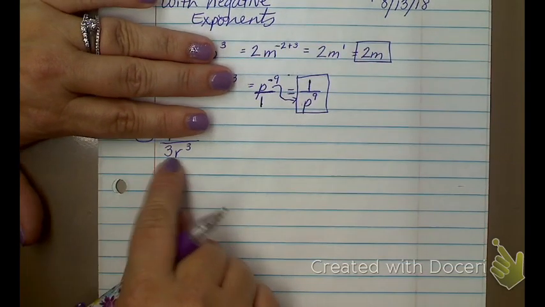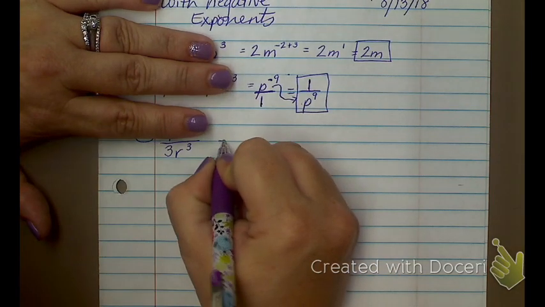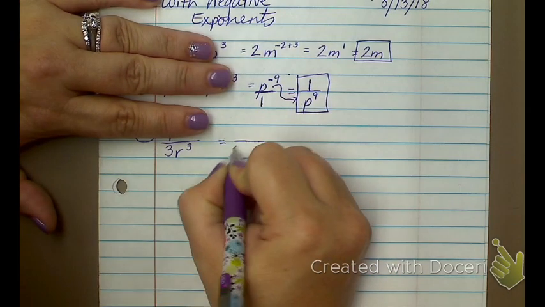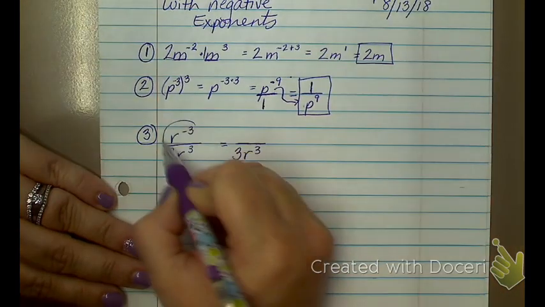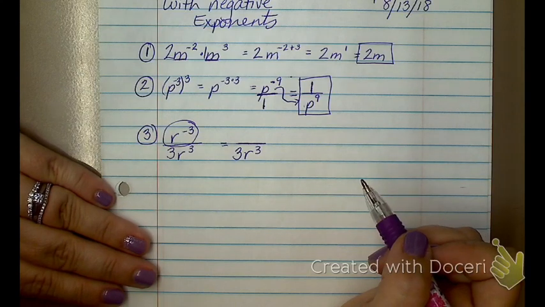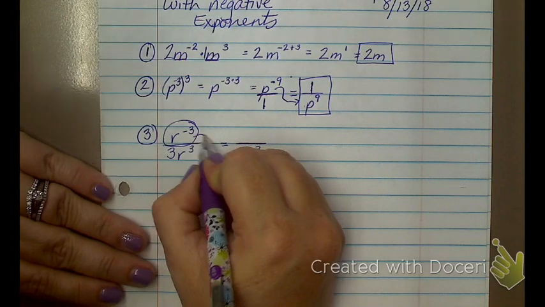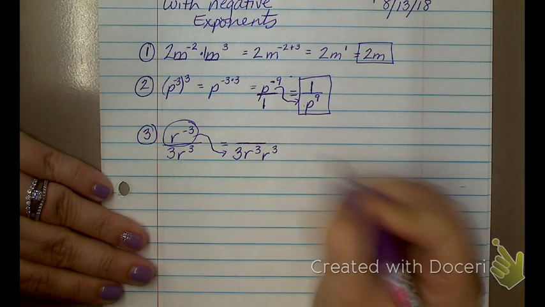Now if you notice, do either of those have a negative exponent? No, it's all positive. So those guys get to stay on the bottom. This guy, however, has a negative exponent. And where is he currently? He's on the top. So where does he need to go? Just like the p to the negative ninth, he's got to go to the bottom. That's going to give me another r to the positive third.